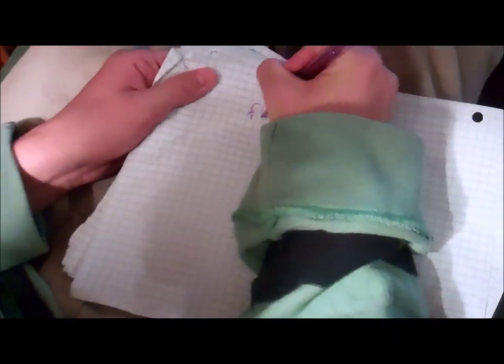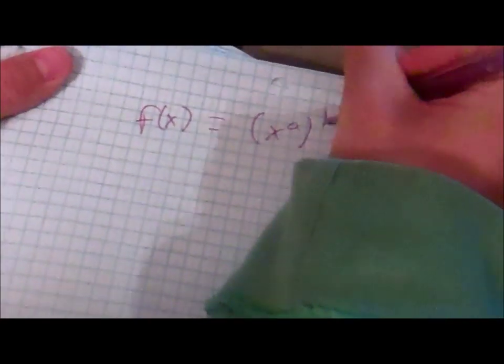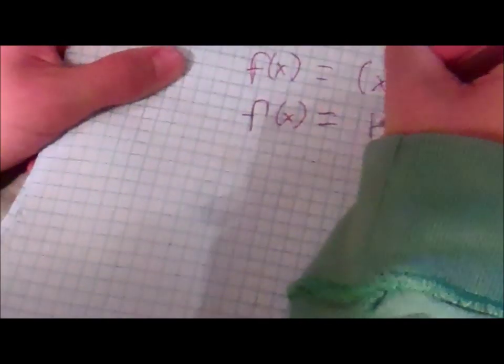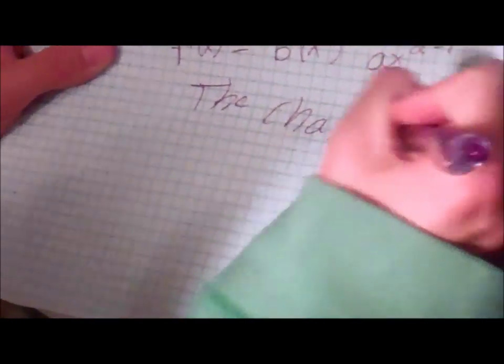If f of x equals x to the a to the b, then f prime of x equals b times x to the a to the b minus 1 times a of x to the a minus 1. And that is the chain rule.